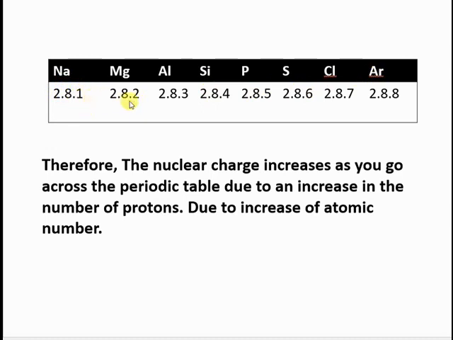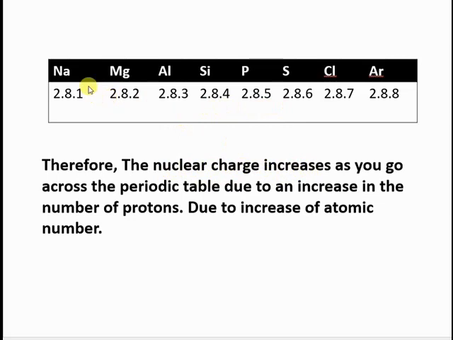Here is 1, 2, 3, 4, 5, 6, 7, 8. So as you move across the period, the atomic number increases, because this is 11, 12, 13, 14, 15, 16, 17, 18. So if the atomic number is increasing, it tells you that the nuclear charge increases. If the nuclear charge increases, the force of attraction increases.